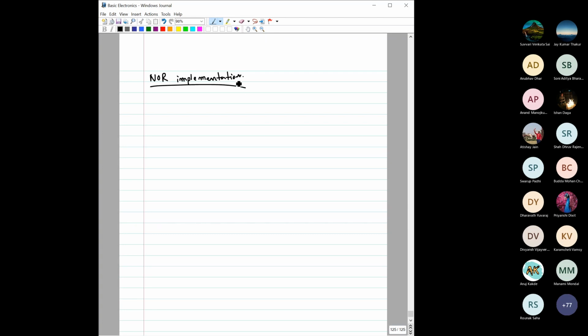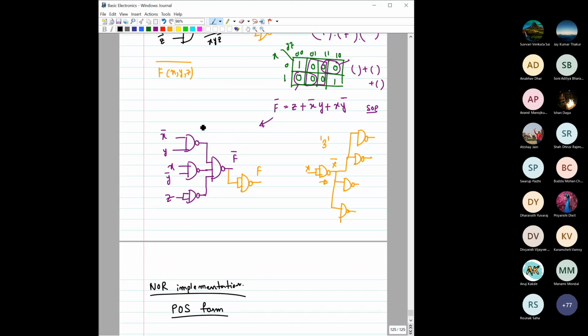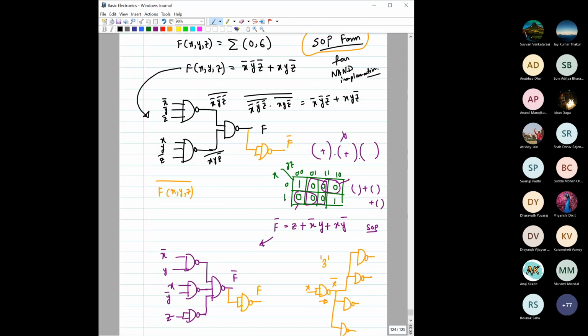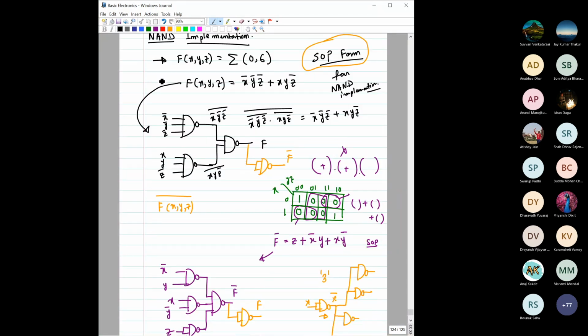So for NOR implementation, you have to express that particular function in product of sums form. For example, suppose a function is given. Let us take the same function only, F(x, y, z) = summation of 0 to 6.